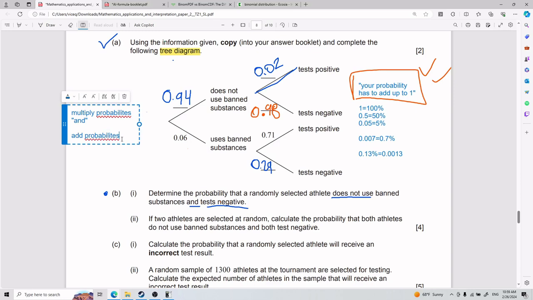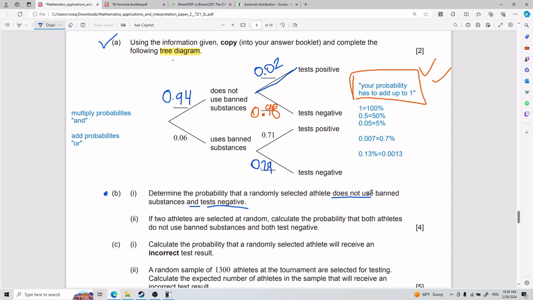When we add probabilities, we need to think of the word or. So and is that it happens at the same time, and or is that it can happen, but it's not necessarily at the same time. Uno o el otro, este es el y. All right, whatever. A little bit of Spanish, doesn't matter.